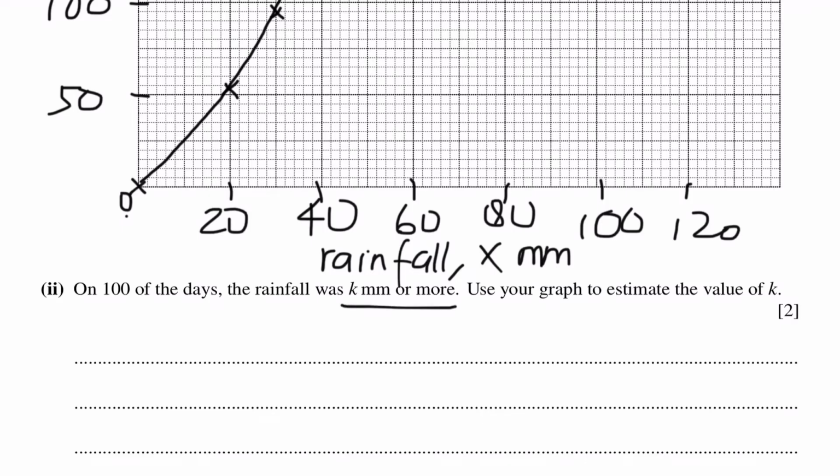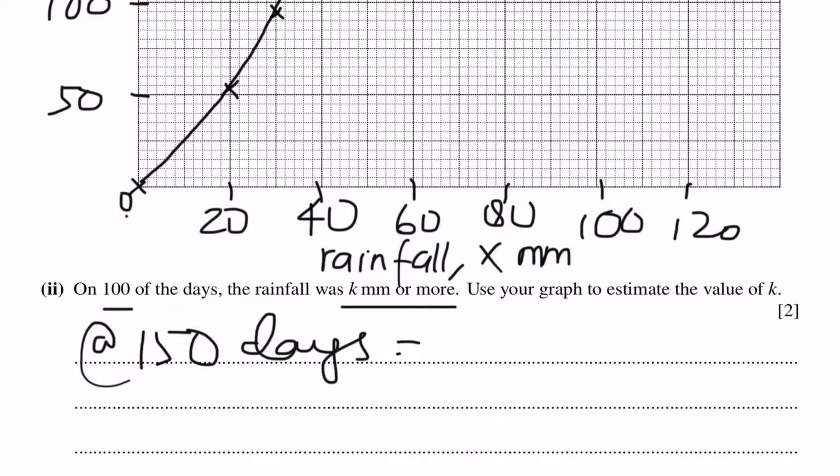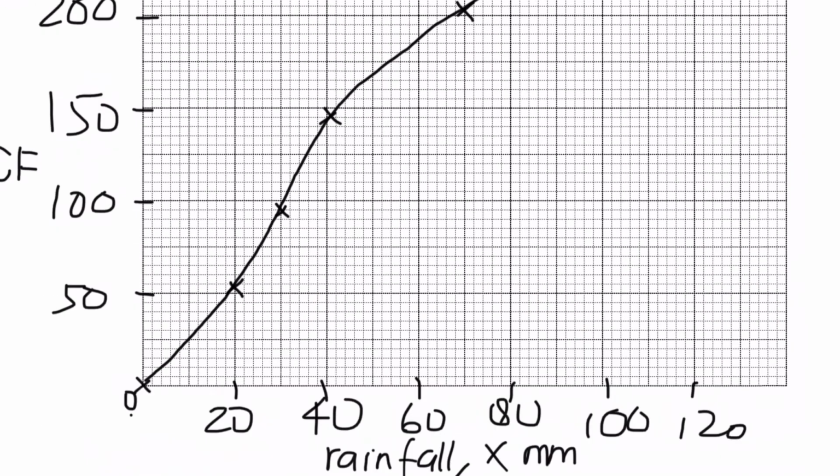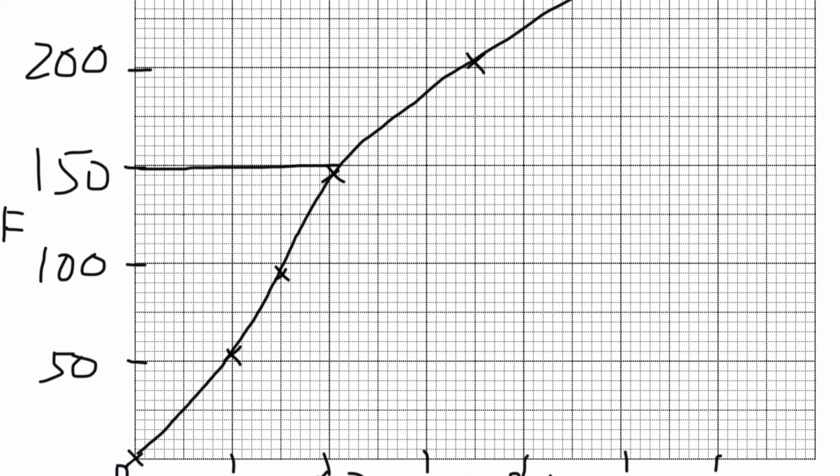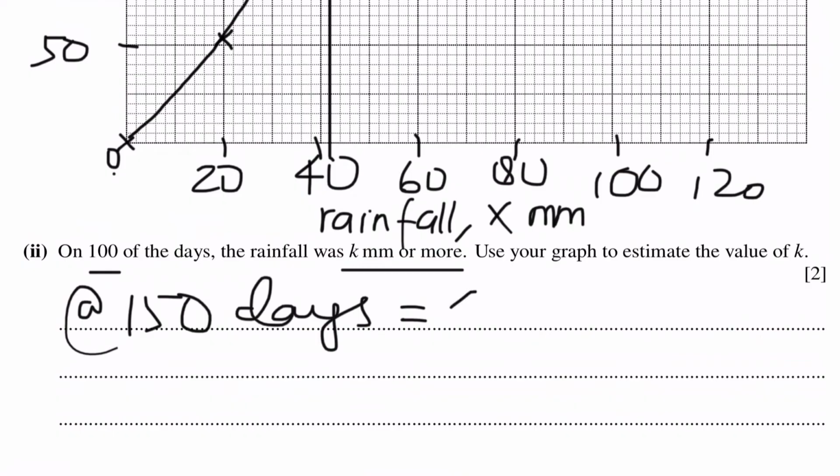You know that this is near the right-hand side of the graph. So out of the 250 days, you only need 100. So 250 minus 100 is 150 days. So at 150 days, the rainfall was, in my grid, 42, so 42 millimeters.